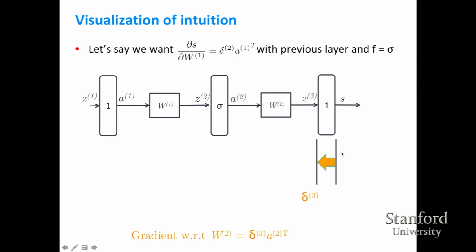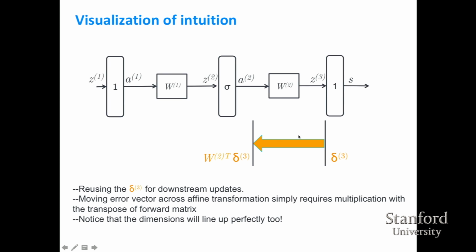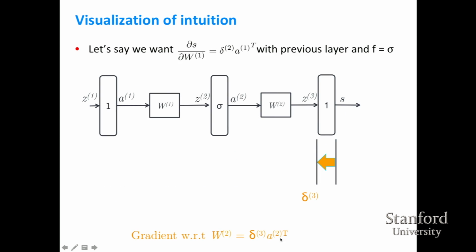Now for W2, as we move through this linear score, the delta doesn't change, and so the update that we get for W2 here is just this outer product again. And as we move through this very high-level flow graph, we basically update W2 once we get the error message from the layer above.